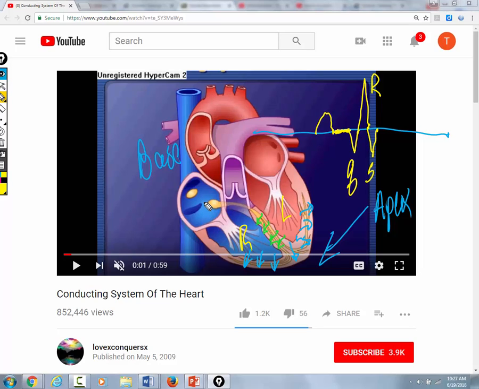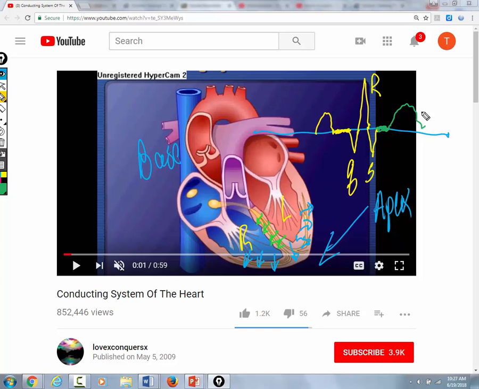All right. This is what I want to point out. This is important. Right after the depolarization of the ventricles, there's a little bit of a delay. Who's watching this? You have this little bit of delay, and then you have the T wave.